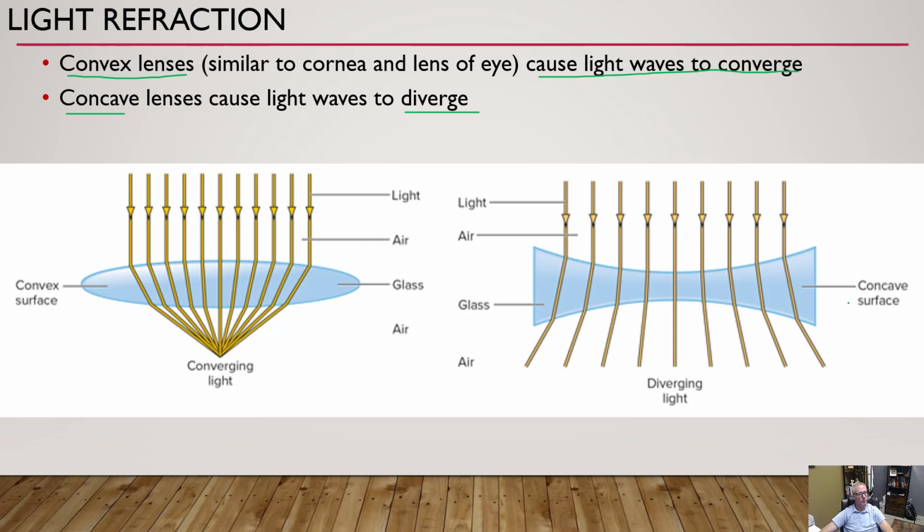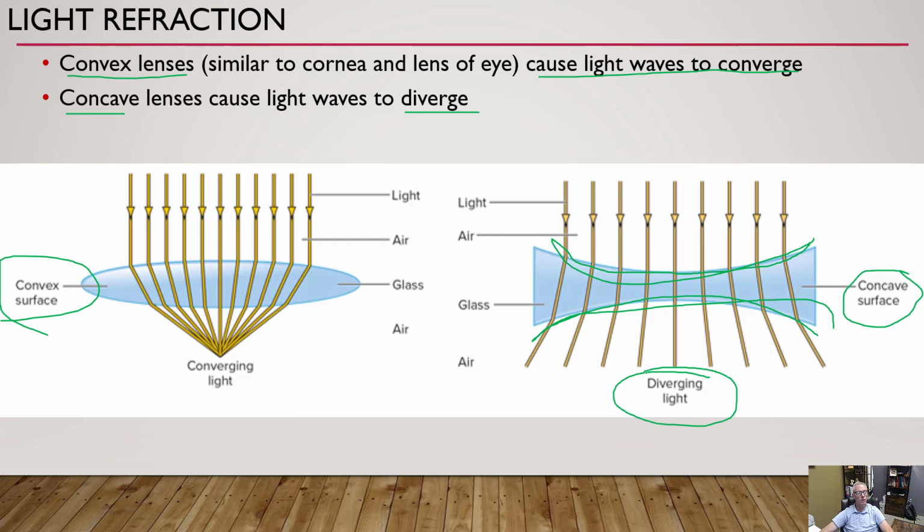So you can see convex versus concave. The way I remember it is that concave caves in on itself. If you have a concave surface, the light will diverge, it will spread out. Convex, the light waves will converge on itself. Remember, we had converging neurons and diverging neurons. Converging neurons, where you had multiple neurons that linked up with one neuron, and the definition was 10 or more neurons connecting with 5 or fewer neurons.